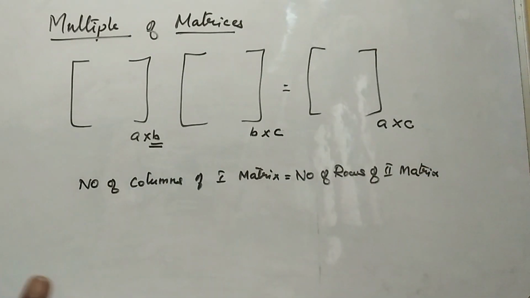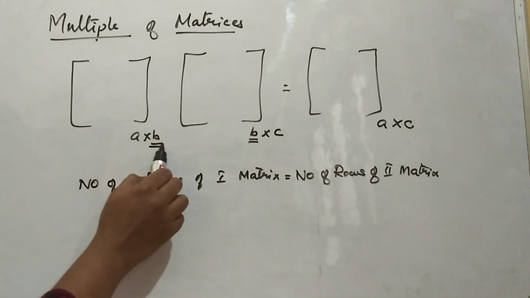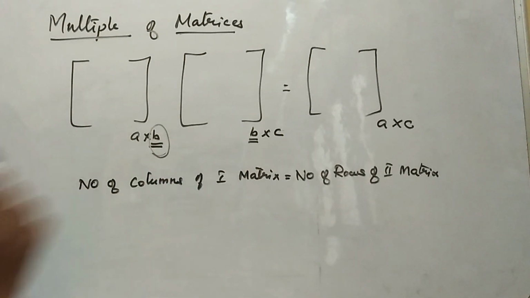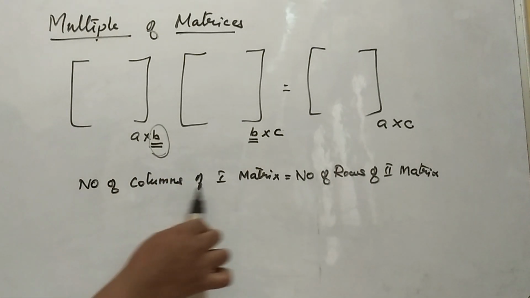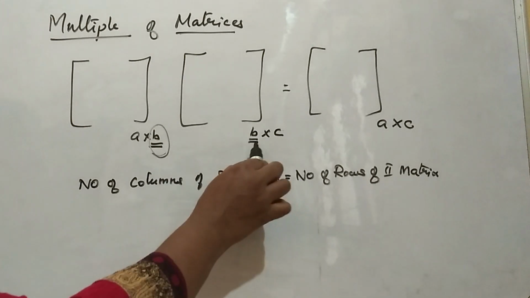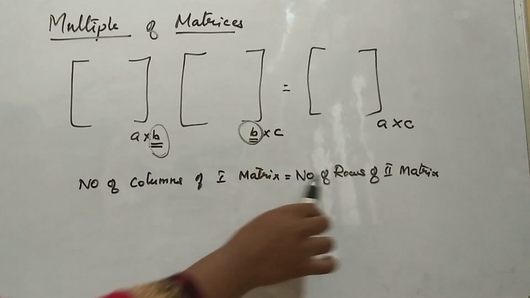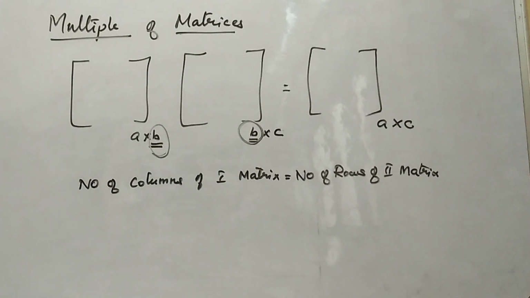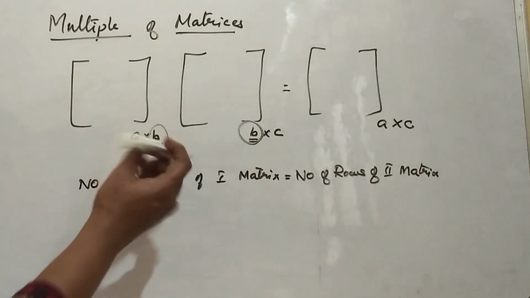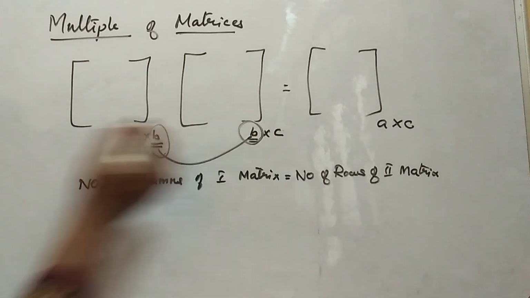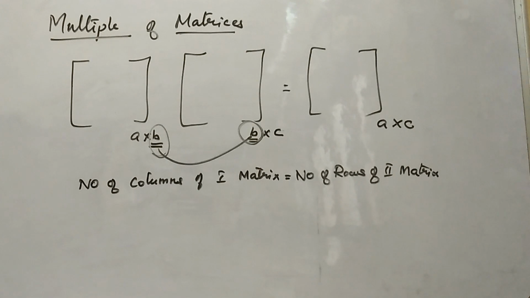When is multiplication possible? Multiplication is possible when the number of columns of the first matrix equals the number of rows of the second matrix. Clear? Then we can multiply. So these two are the same, we can multiply. So what will be the answer?